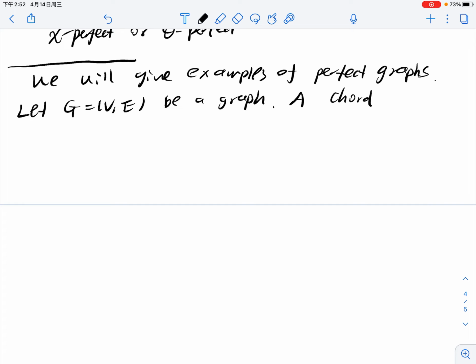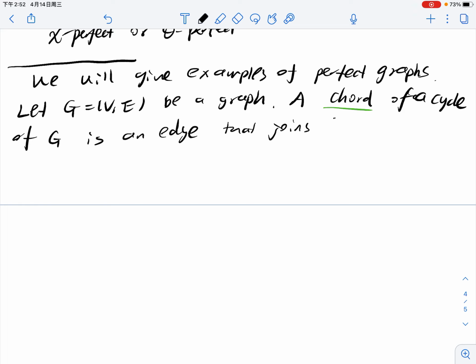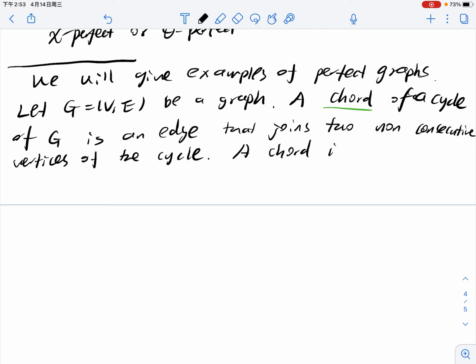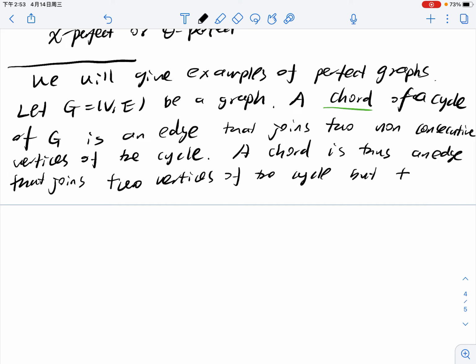A chord of a cycle of G is an edge that joins two non-consecutive vertices of the cycle, and a chord is thus an edge that joins two vertices of the cycle but is not itself an edge of the cycle.